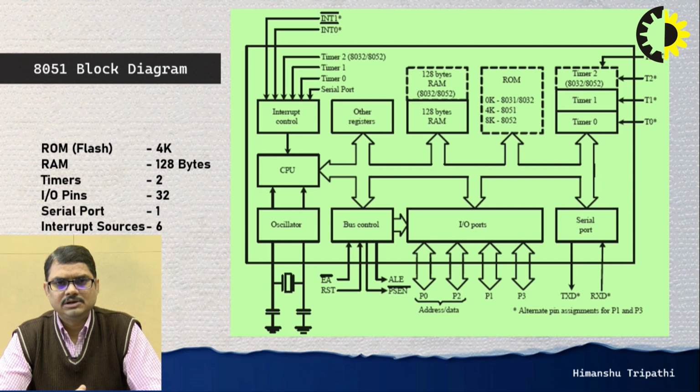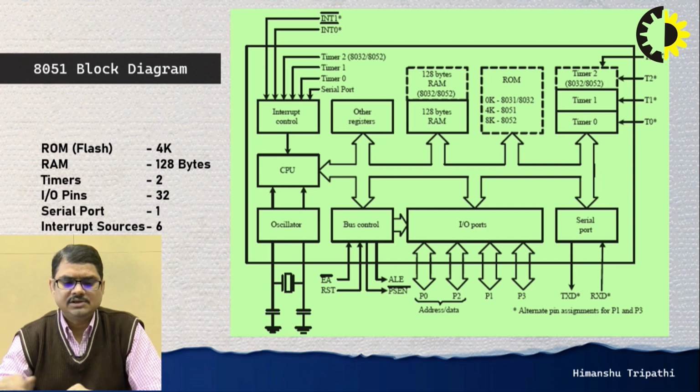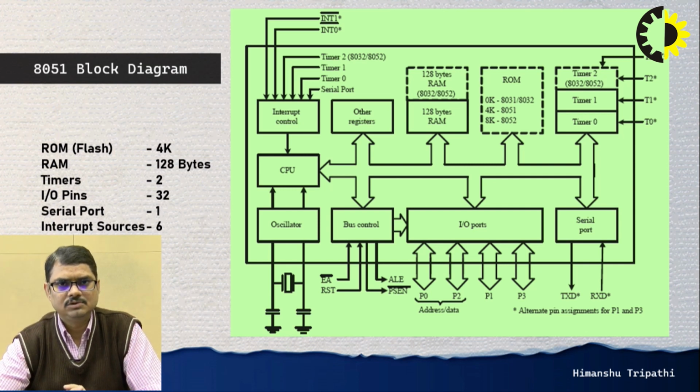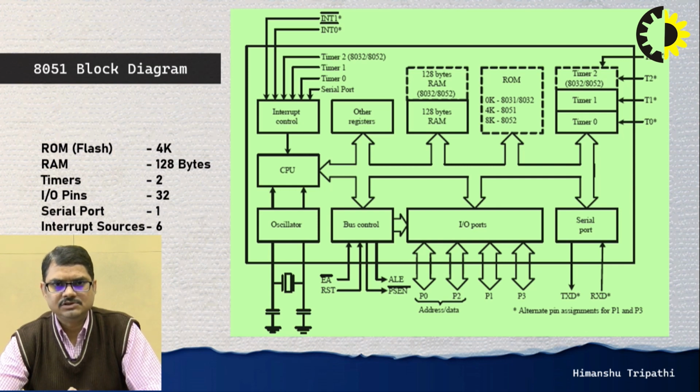Another important part is the RAM that serves as the data memory in the 8051 microcontroller. As you can see in this slide, the RAM that is available inside the 8051 microcontroller is 128 bytes only. Actually, in this RAM we have two separate sections that we will see very soon.